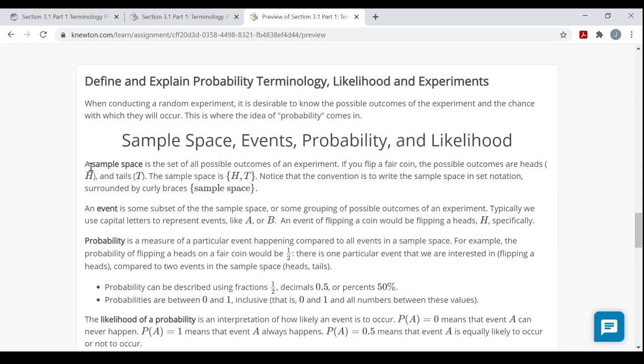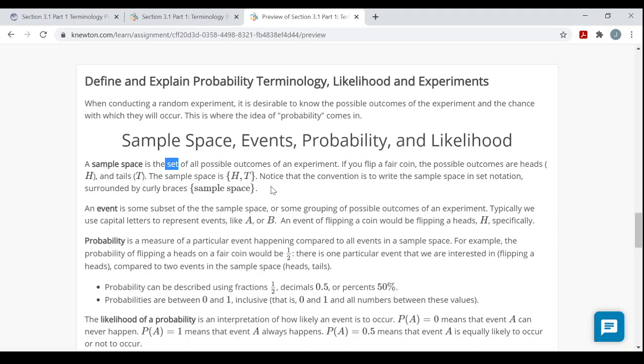All right, so a sample space is the set of all possible outcomes of an experiment. They give an example here. If you flip a fair coin, the possible outcomes are heads, H, and tails, T. So the sample space is this set. You see how they have the little curly braces here?